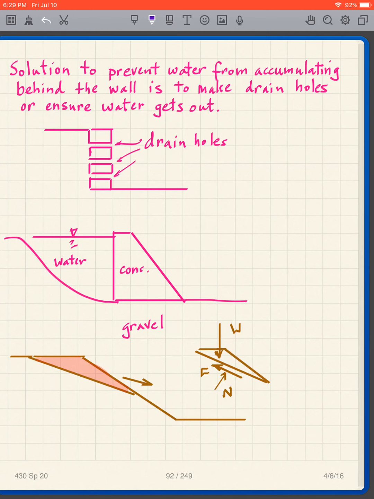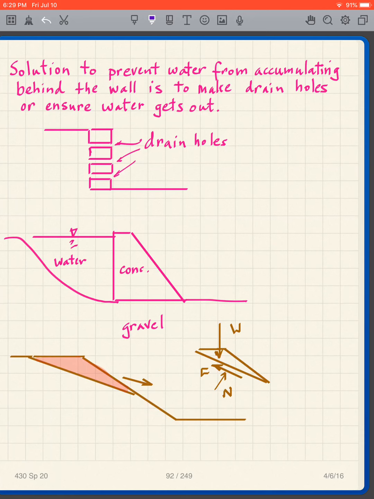Now, I'll just make a little comment about slope stability, because it's somewhat similar analysis to what we're doing here. And that is that if a slope is going to fail, sometimes it can take this form of failure where a little wedge of soil comes off the top. A little wedge, it could be a significant wedge of soil comes off.